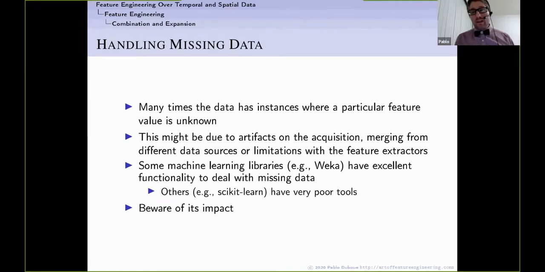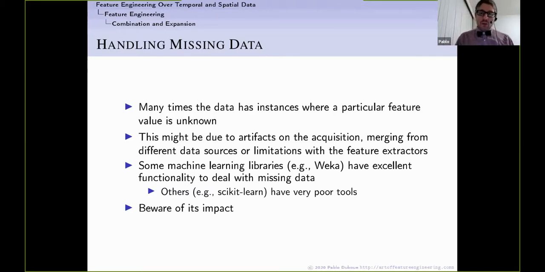Handling missing data, as I was saying, is a very, very common problem with real-life data sets. If you don't actively solve the problem, you may end up with a default, which in many machine learning toolkits is a 0, and most likely that is not what you want as a default.